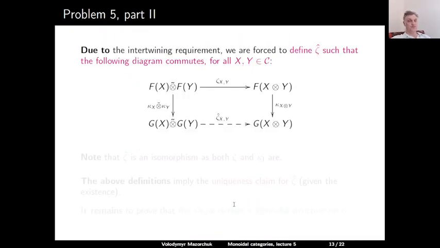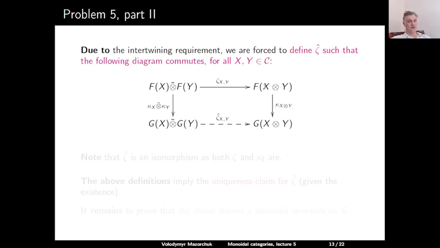Similarly, we also require that kappa intertwines zeta and zeta hat, so there is only one way to define zeta hat, and this is to define it such that the following diagram commutes. So we have f of x tensored with f of y, and then we have zeta evaluated at x and y, and this is a map to f of x tensor y.